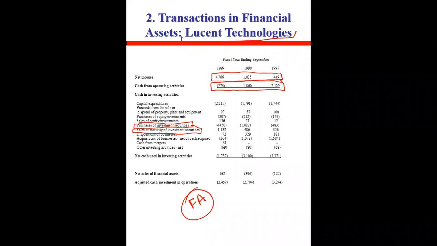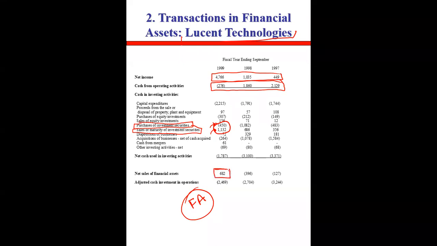Now if we just talk about this part, what they have done here is they have made an investment of 450 million and they have received proceeds after selling of this investment of 1,132 million. If we take the difference between these two, we get a positive number.